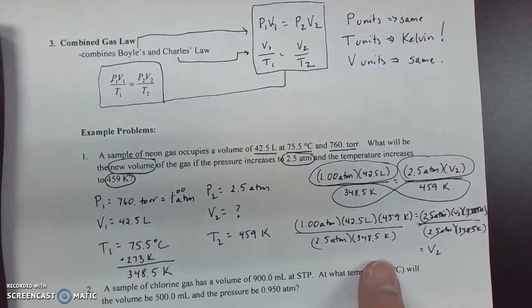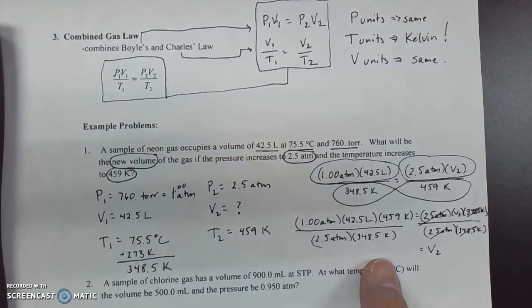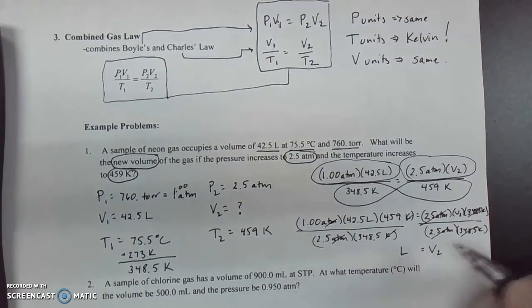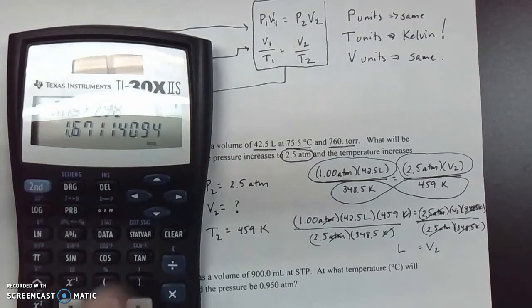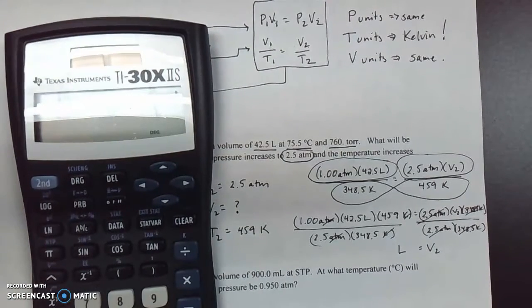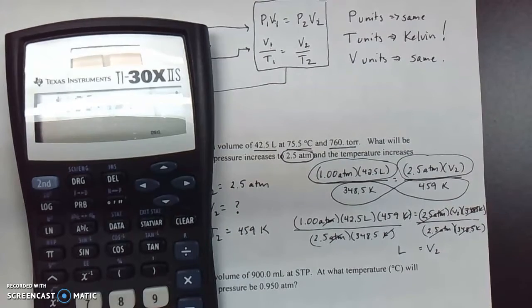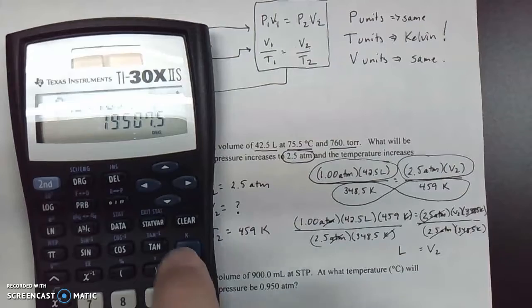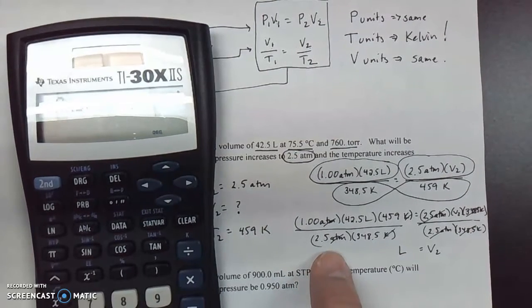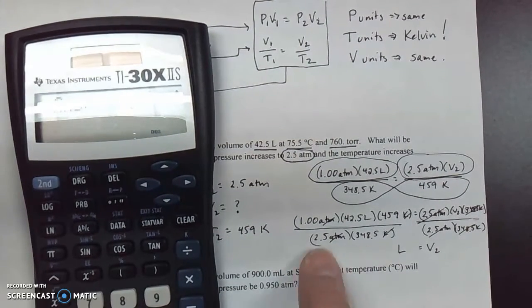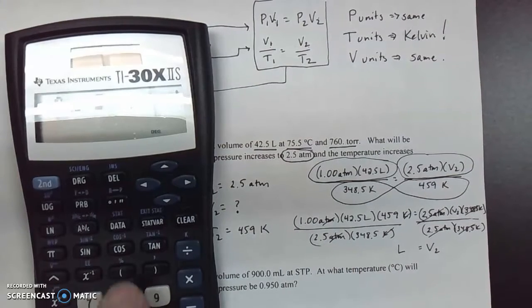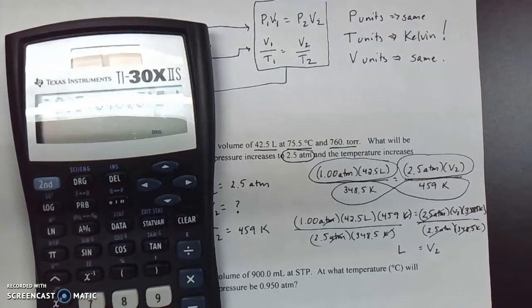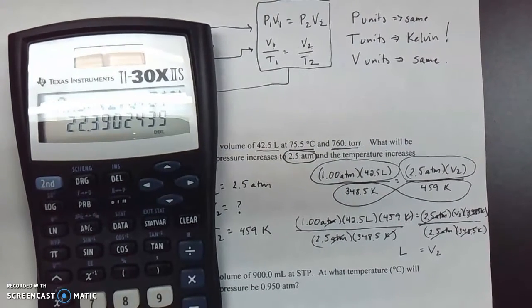Over here, this looks really complicated, but it's just simple arithmetic. Our atmosphere units cross out and our Kelvin, we're left with liters. So in our calculator, just be careful with these. 1.00 times 42.5 times 459, and we can divide that, but make sure that you use parentheses around these two: 2.5 times 348.5, close parentheses, so we can get the right answer.